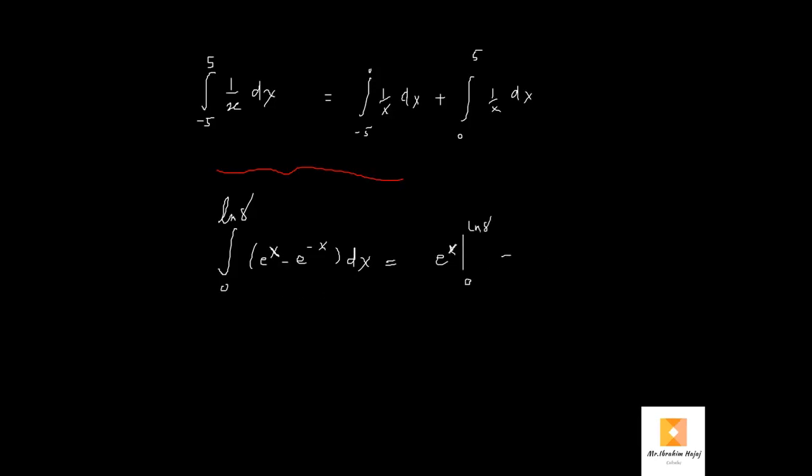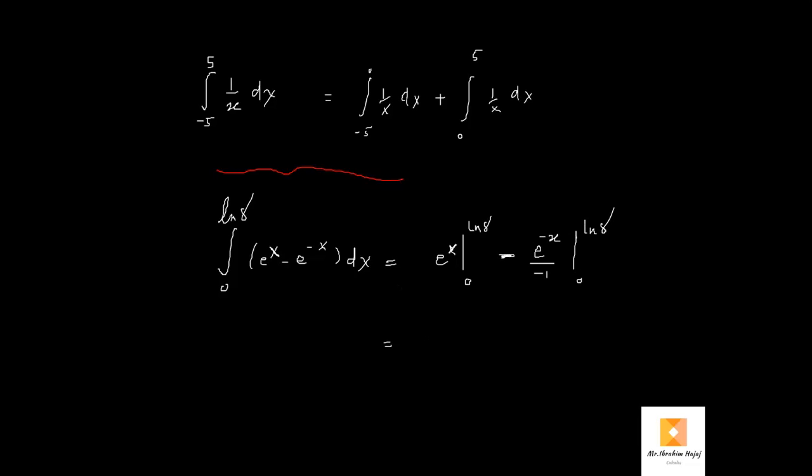minus e power negative x. It will also stay e power negative x, but you should multiply by negative. It's e power negative x over negative 1. The negative outside should go, so that should be plus.